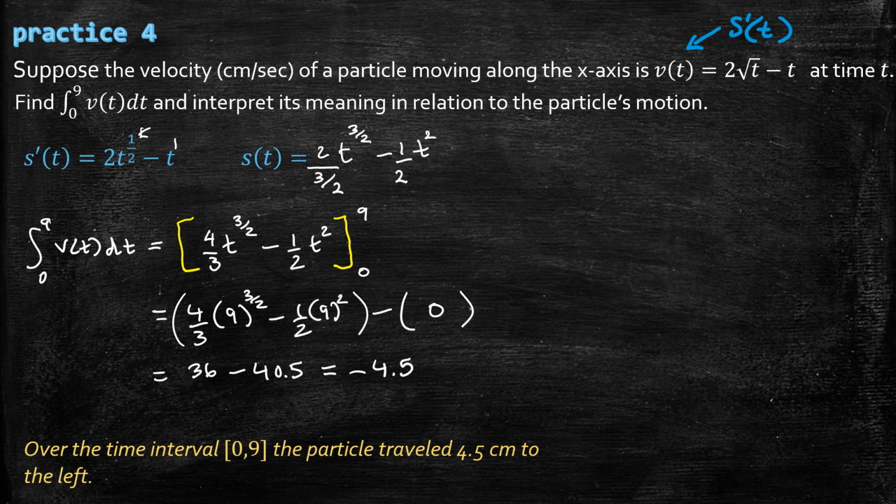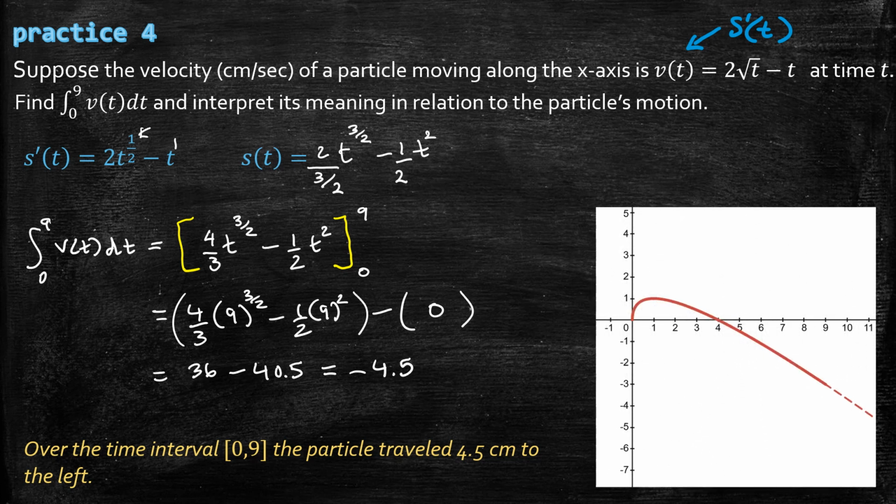Not likely. And if we take a look at a sketch of the velocity function, we see that in this area, between 0 and 4 seconds, the velocity is positive. So in fact, the particle begins by moving to the right. And then after that, as we go from 4 to 9, sorry about that, we see that the velocity is negative.